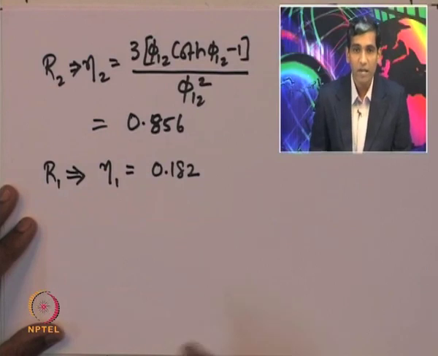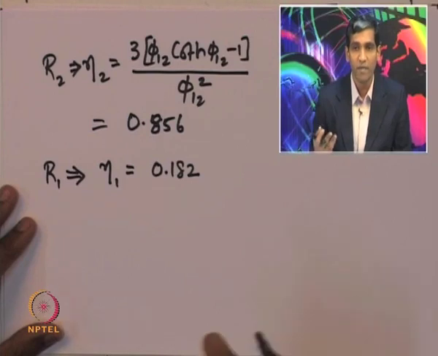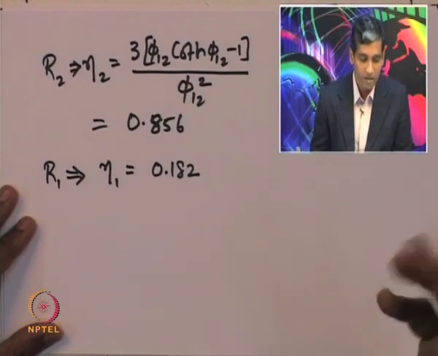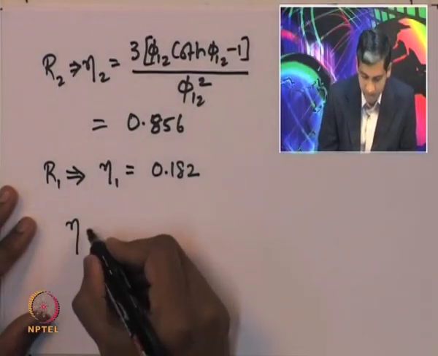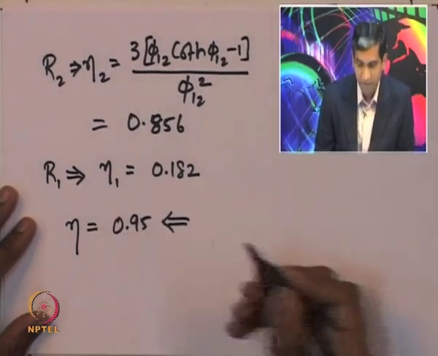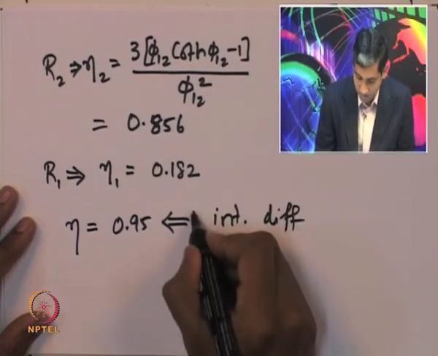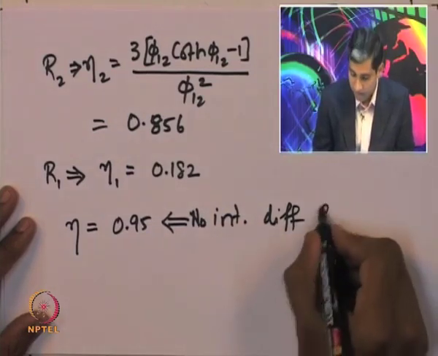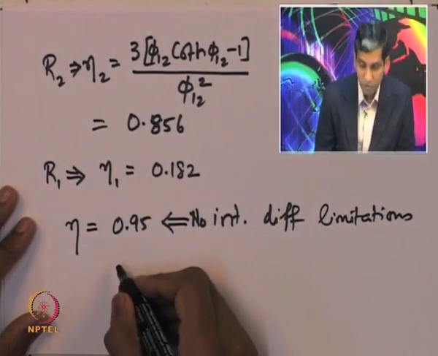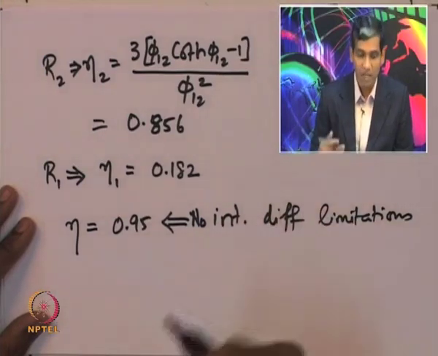Now, the next question is, can we find out the smallest radius at which the internal diffusion limitation does not exist? That is, there is no internal diffusion limitation that is limiting the reaction. So, suppose the effectiveness factor should be 0.95, at which there are no internal diffusion limitations, then we can use the relationship between the effectiveness factor and the Thiele modulus in order to find the corresponding Thiele modulus.